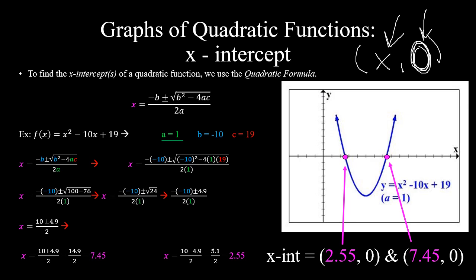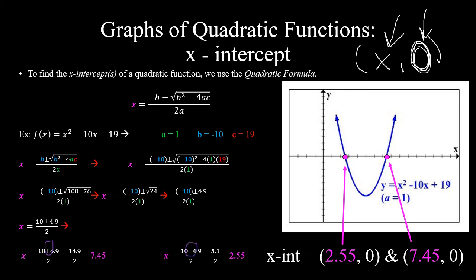That's important, okay? Don't get confused. And when you plug in your a, b, and c and you tackle this formula, always start with everything underneath the square root. Start with that piece first and work your way down from there. And don't forget that once you've worked out a lot of the math, you need to split it up into the plus and the minus.